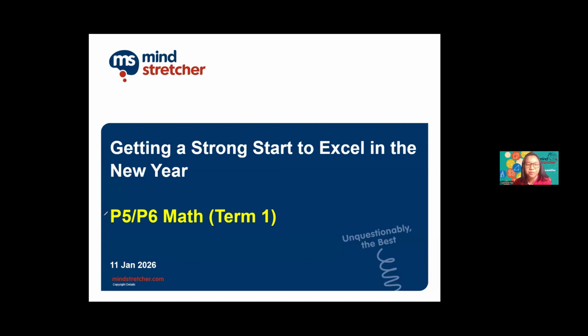So today's session is to help you get a strong start, as most of you are in primary 5 this year. Primary 5 follows on from primary 4, where we gear you up to prepare for PSLE, in terms of your assessment formats and the type of questions.